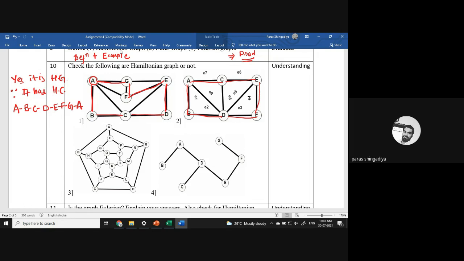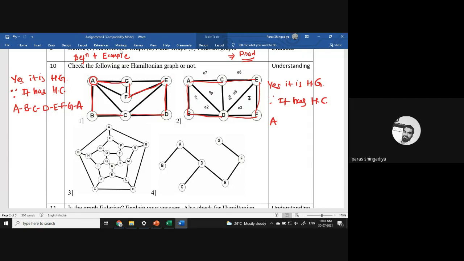So write your conclusion. Yes, it is a Hamiltonian graph, because it has a Hamiltonian circuit. Which circuit? Your edge notation is mentioned there, so let's keep the edge notation in our circuit also.